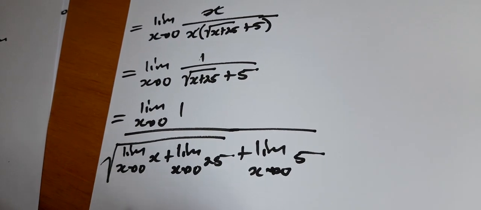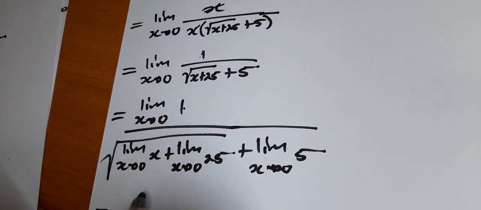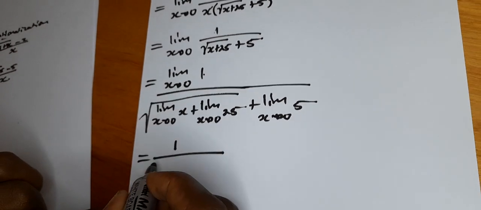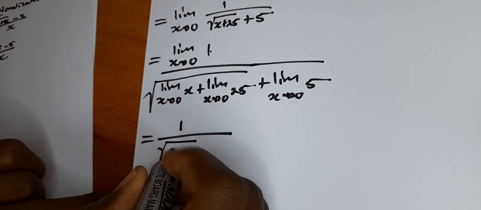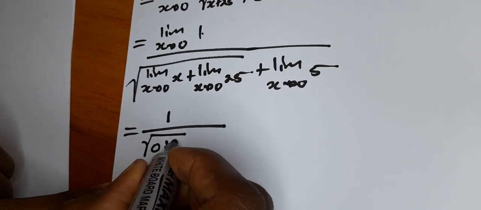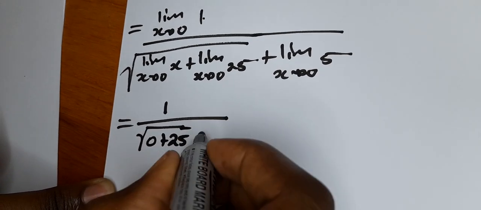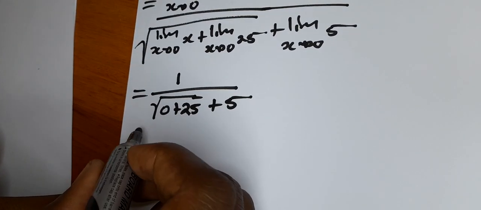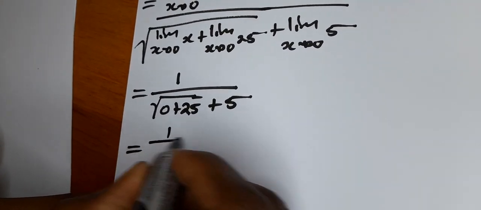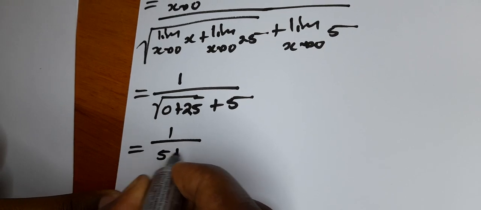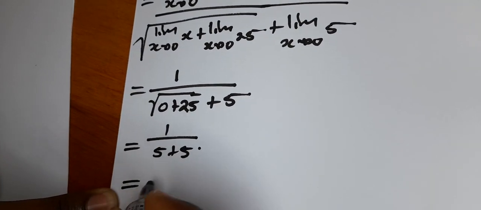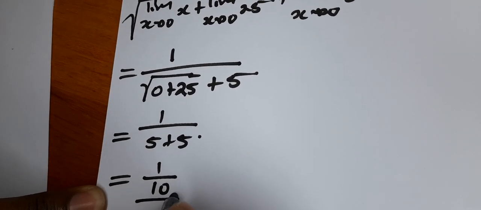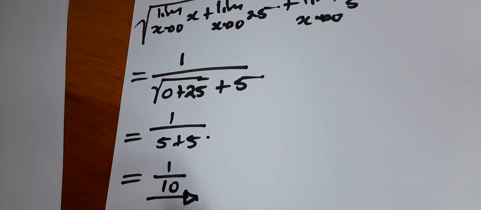Now you substitute. Since here we have the constant, we are going to have 1 over, we substitute our 0, the square root of 0 plus 25, plus 5. The square root of 25 is 5, so 1 over 5 plus 5. Then your answer will be equal to 1 over 10. This will be your answer.